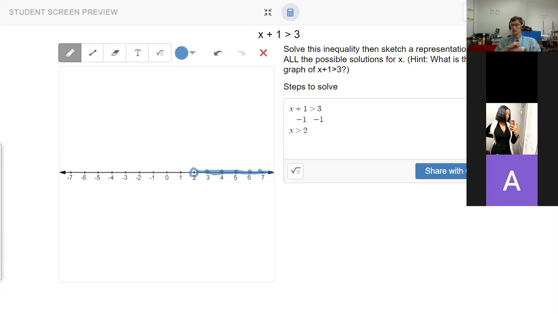So slide 10 is going to start very similar to how we did this. We're going to do something like this. Subtract the constant, but then you'll have to do one more step to solve for x.